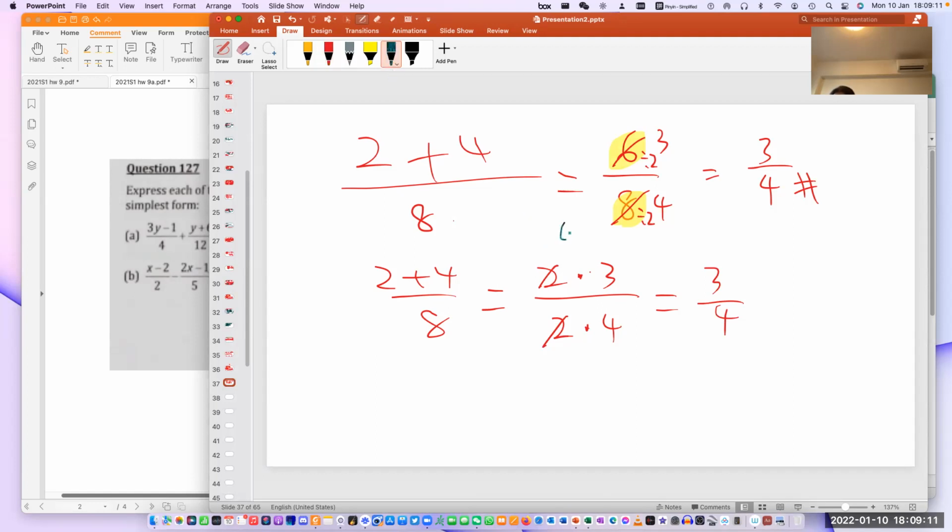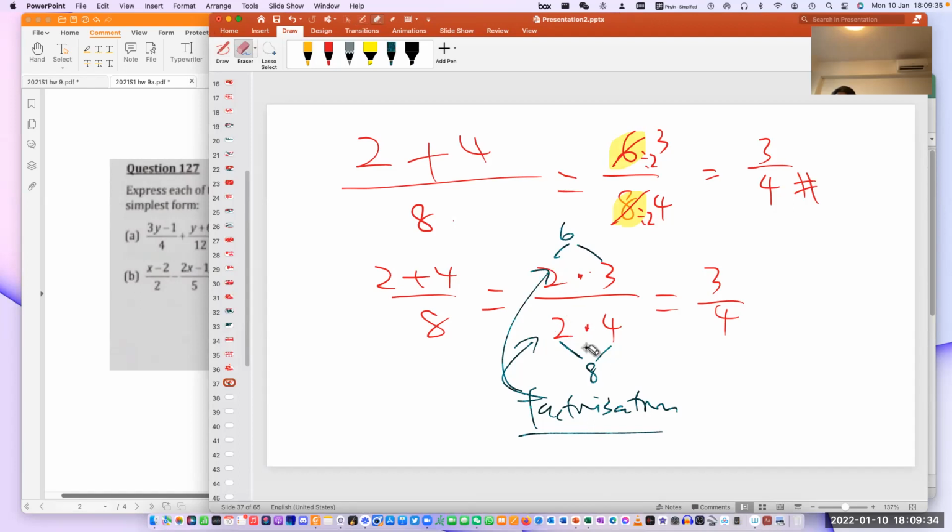When you split the 6 into 2 times 3, when you split the 8 into 2 times 4, you are actually doing factorization.